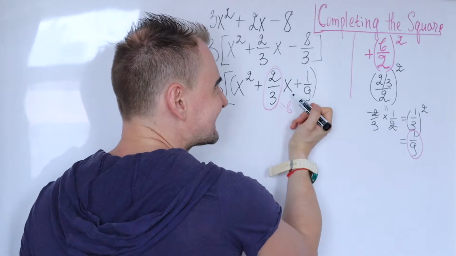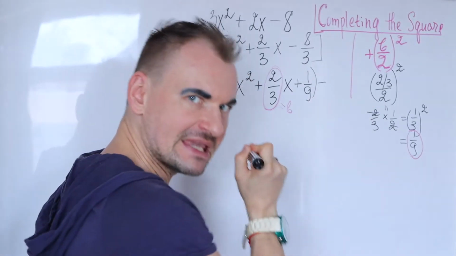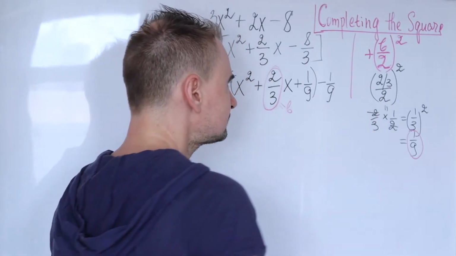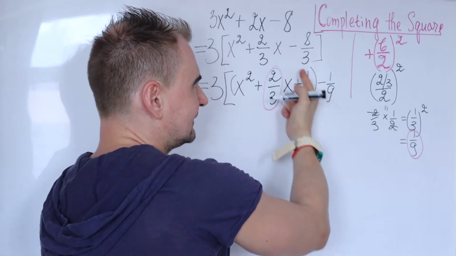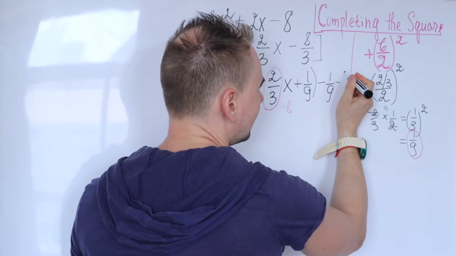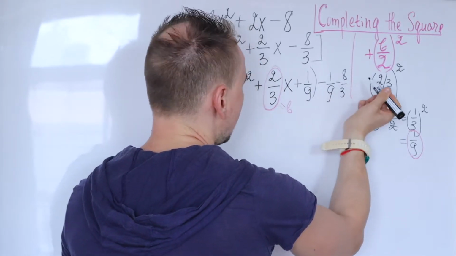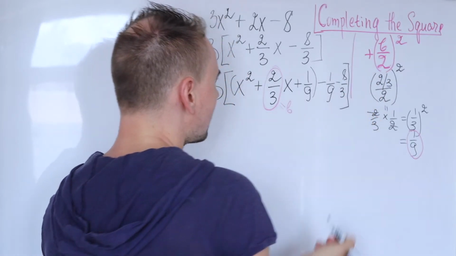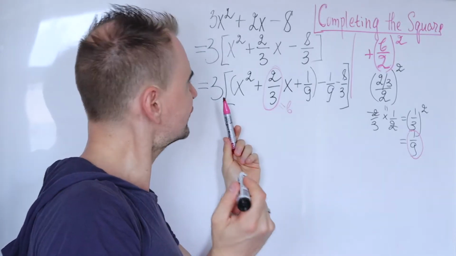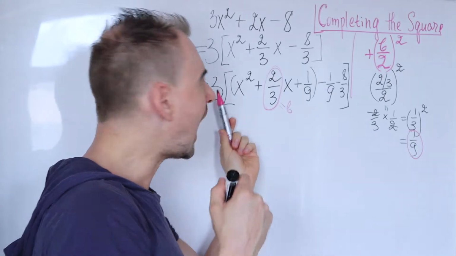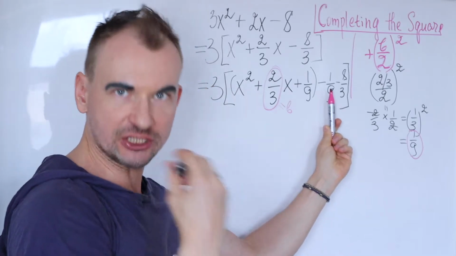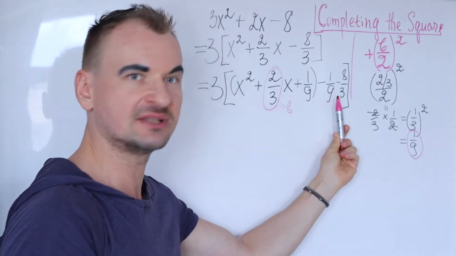So, since we add something, right off the bat, I'm going to subtract this 1 over 9. And don't forget that we still have this negative 8 over 3 hanging around. At this point, I'm going to close my square parentheses, since this 3 applies and distributes to all terms inside the parentheses, including this constant negative 8 over 3.